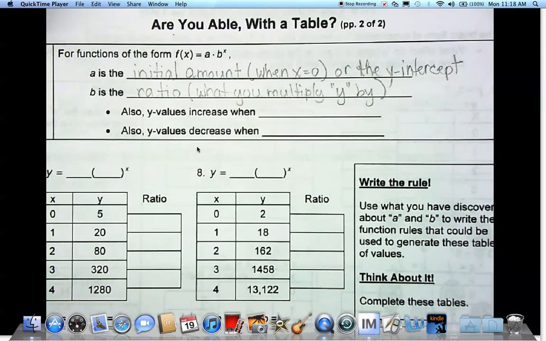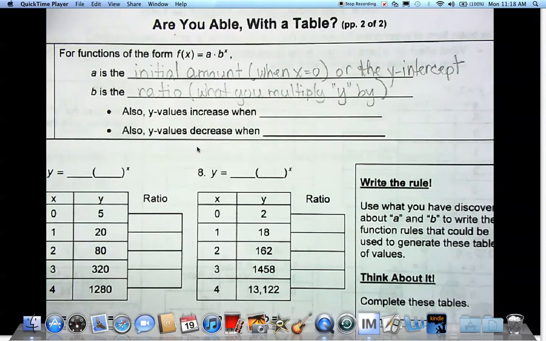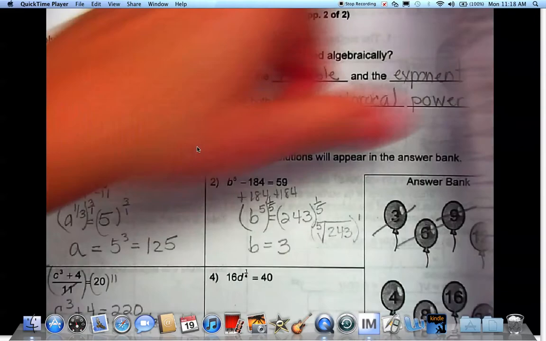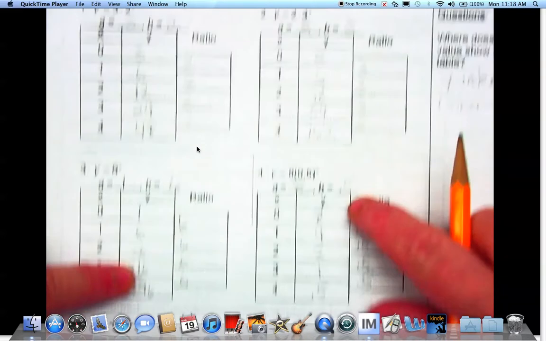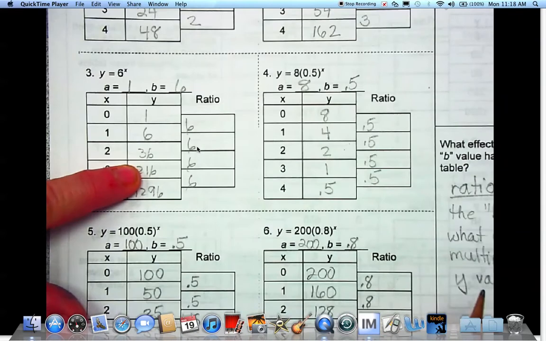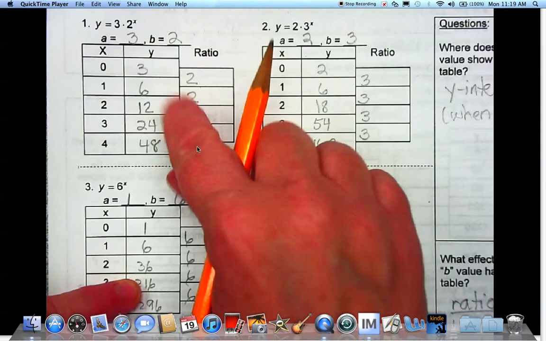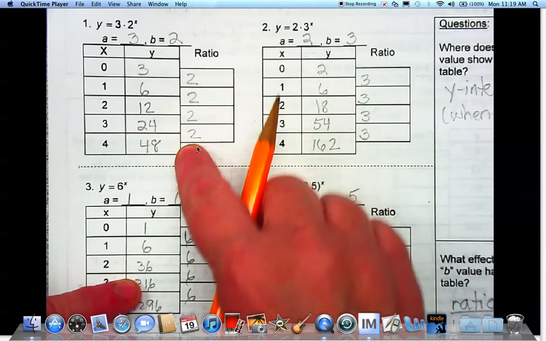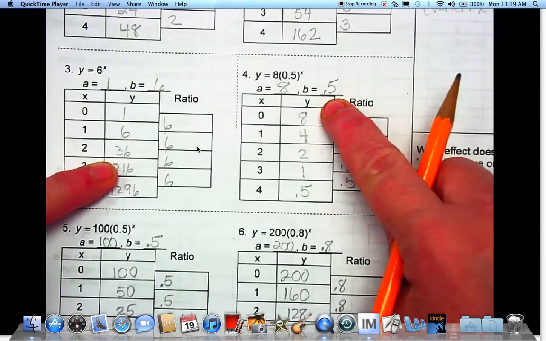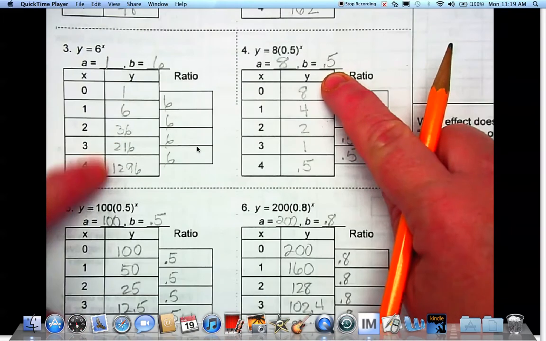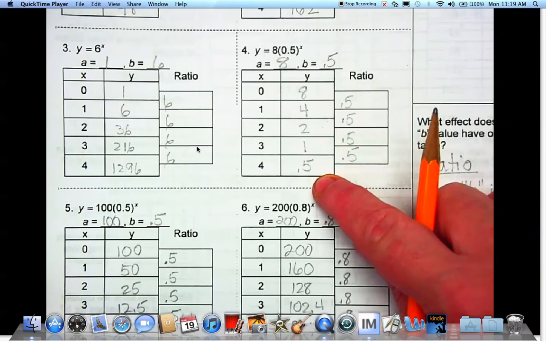Okay, on 1 through 3, on those tables, y increased. And then on 4, 5, and 6, y decreased. What do you notice about B? It's greater than 1. Okay, if it's greater than 1, it does what? Increases. If it's less than 1, or between 0 and 1, it decreases.